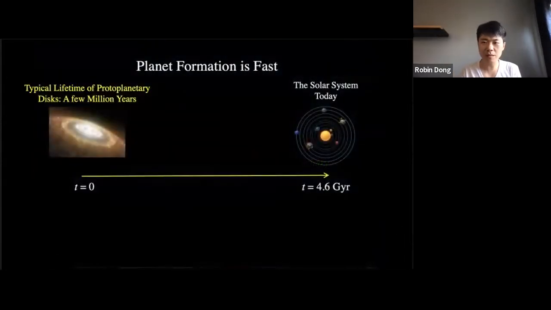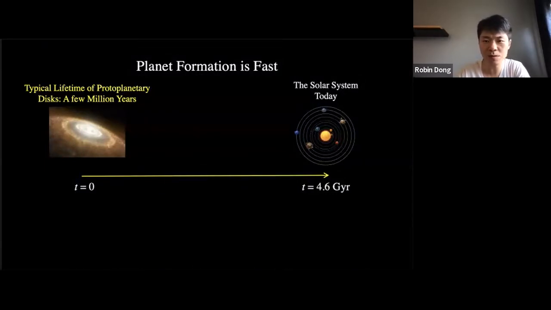Protoplanetary disks are the birthplaces of planets. One thing I want to highlight is the timescale of planet formation. As a reference, the sun is about 4.6 billion years old, and the sun is just an ordinary main sequence star in the galaxy. Protoplanetary disks, however, only last for a few million years. At the end, the gas and dust in the disk dissipates.